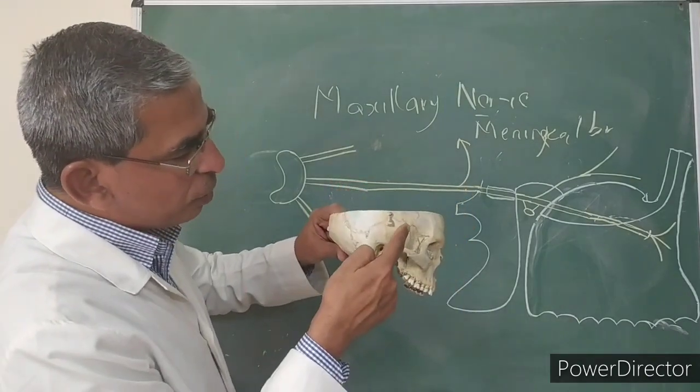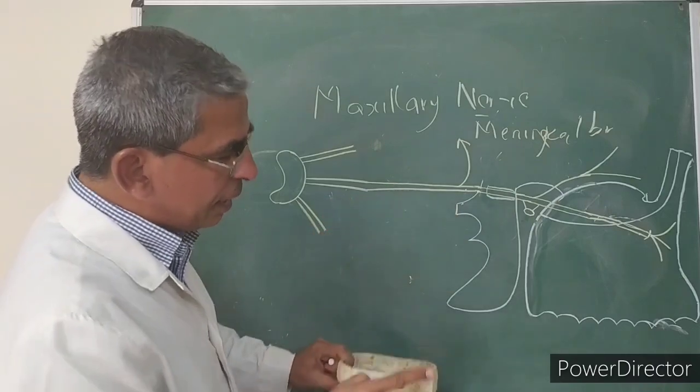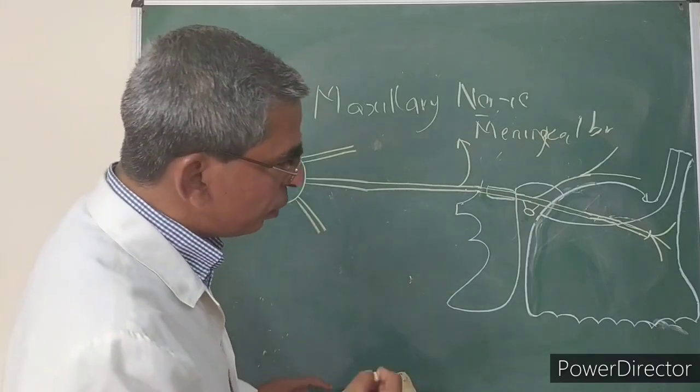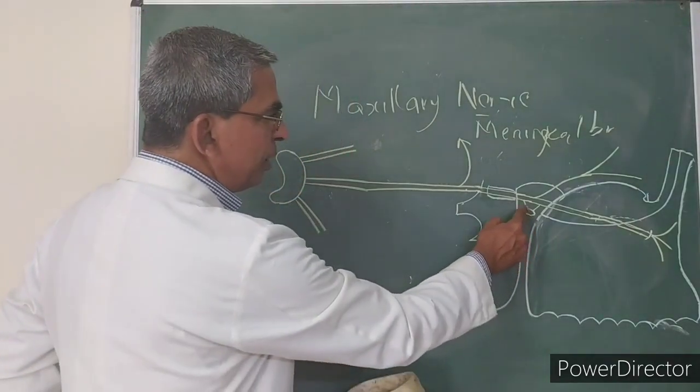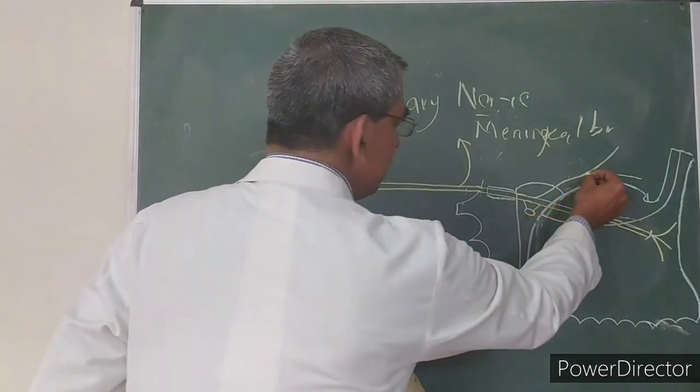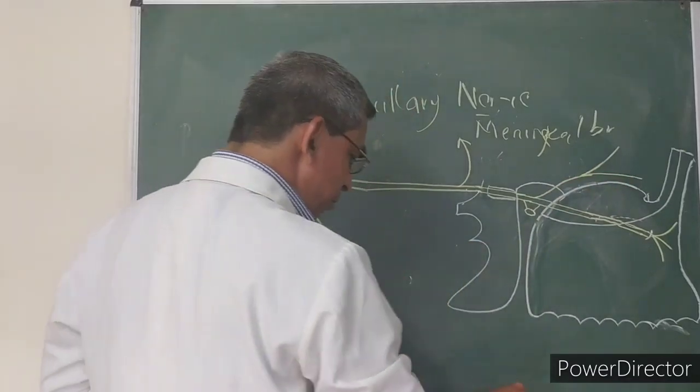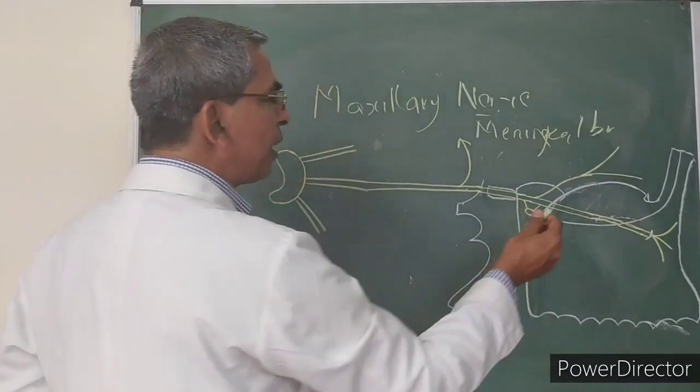Now this zygomaticotemporal nerve also carries the secretomotor fiber towards the lacrimal gland, because these fibers come from the pterygopalatine ganglion. I am drawing them in a different color, the green color here.